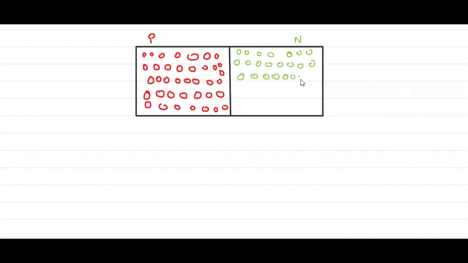Now tell me, the dopants are basically your trivalent or pentavalent atoms, right? After losing or gaining an electron, they will have some charges.